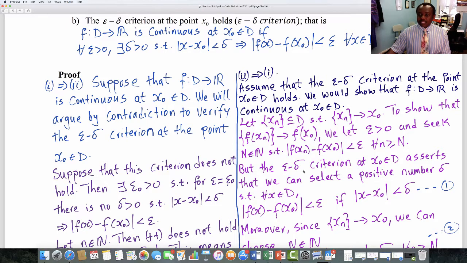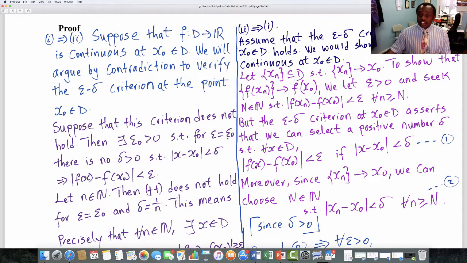Now, by the epsilon delta criterion at the point x naught in D, we can select a positive number delta. Recall, we are already given that epsilon is greater than 0. So by the epsilon delta criterion, we can select a positive number delta such that whenever the absolute value of x minus x naught is less than delta, we can always conclude that the absolute value of f of x minus f of x naught is less than epsilon.